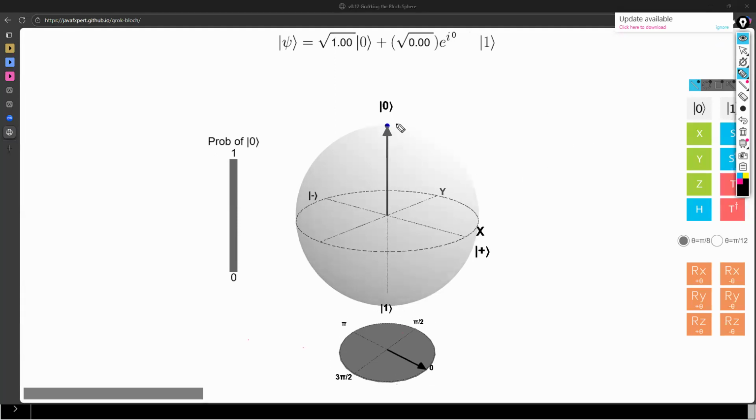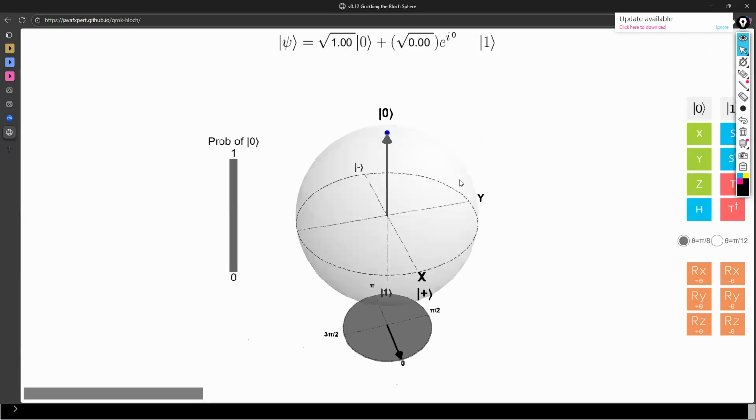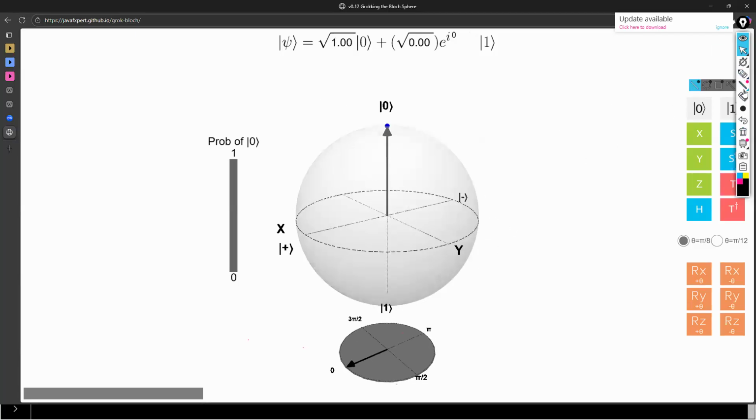However, what we will be using is partially some axes that actually interact in this space. For example, you can see that there is a Y direction, right? And it actually pierces through this entire Bloch sphere.